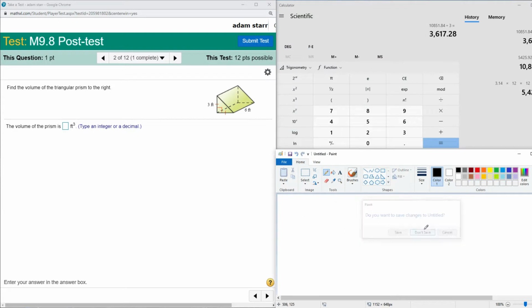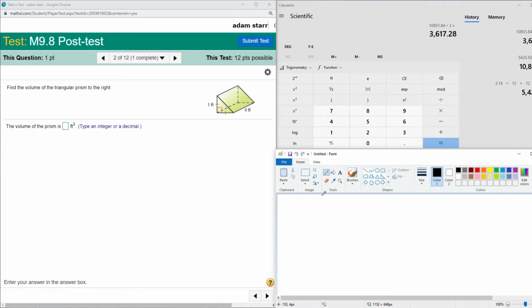Okay, this next question is asking to find the volume of a triangular prism, which is drawn here. One thing to note is on this triangular prism, this is 3 feet and this is also 3 feet. Okay, these two sides of this triangle face are the same.